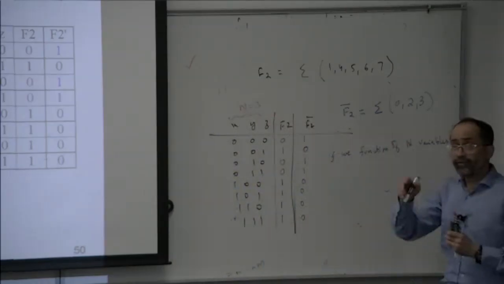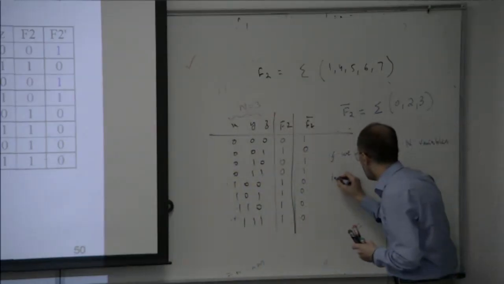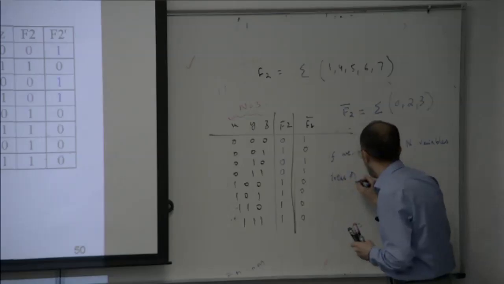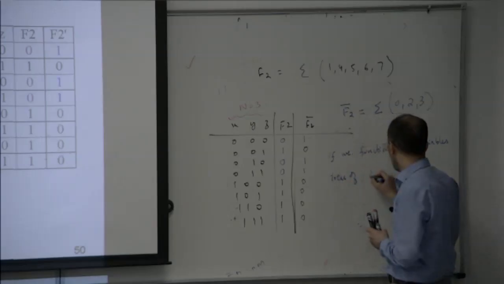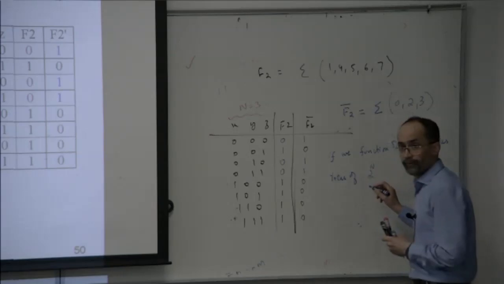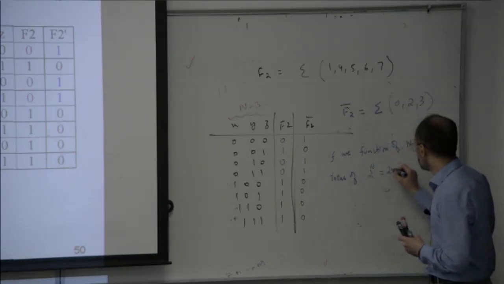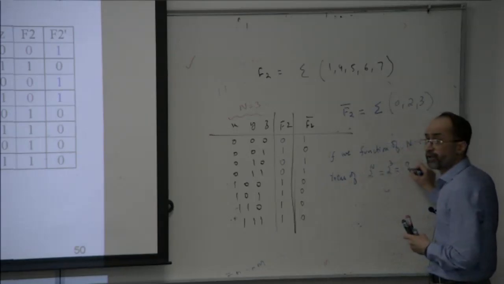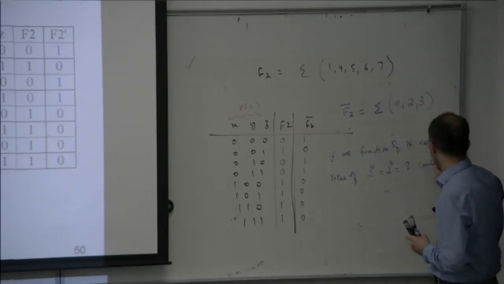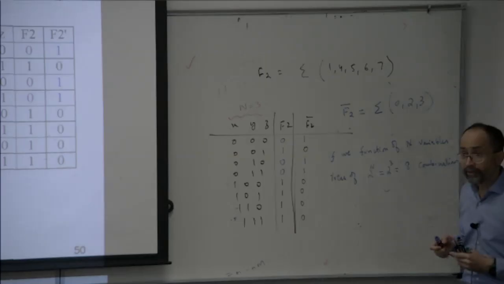So if we have a function of n variables, how many combinations do we have in total? 2 to the power n. In this particular example it is 2 to the power 3. How many combinations? 8 combinations.